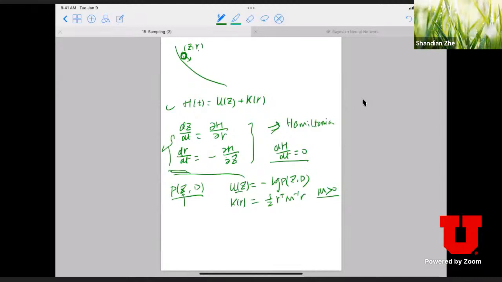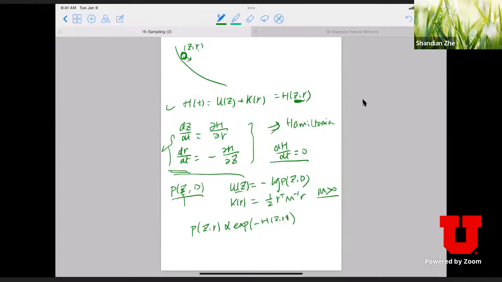Then, based upon the summation of the potential energy and kinetic energy, we can construct a distribution of the state. Remember, the state of the system includes both the position and momentum, right? So through this, you construct a state distribution which is proportional to the exponential of the negative energy.